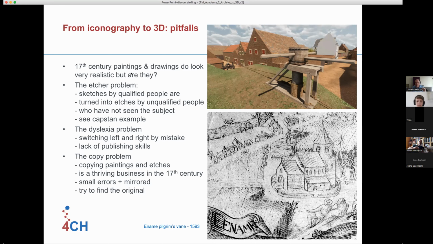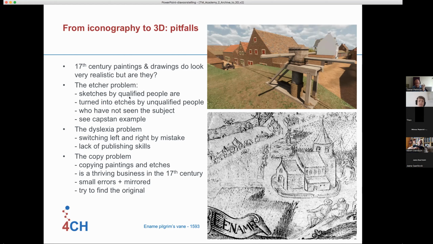Are they really to be trusted? And that's what we called in the process of virtual reconstruction, in the beginning, source assessment. Is my picture to be trusted? And that's the reason why I come up with a number of problems that you need to be aware of in trusting or not these sources. Let me give you some of these problems.